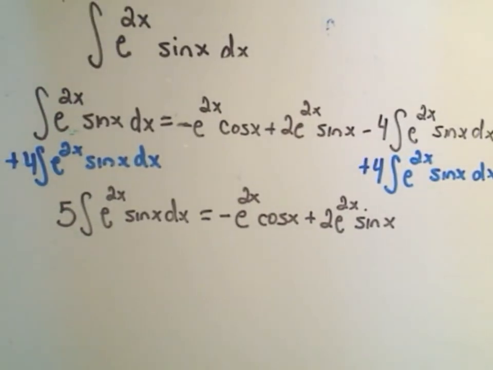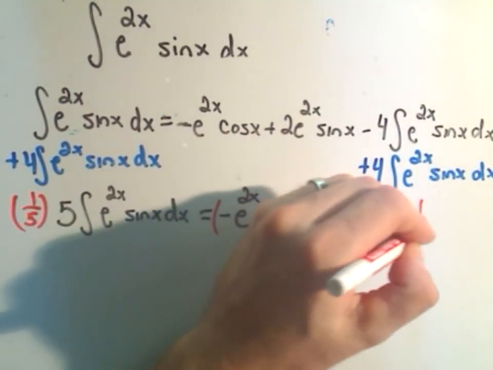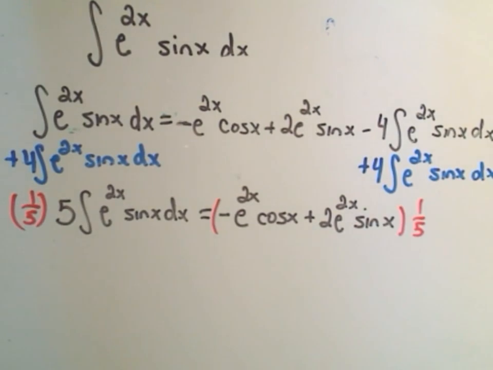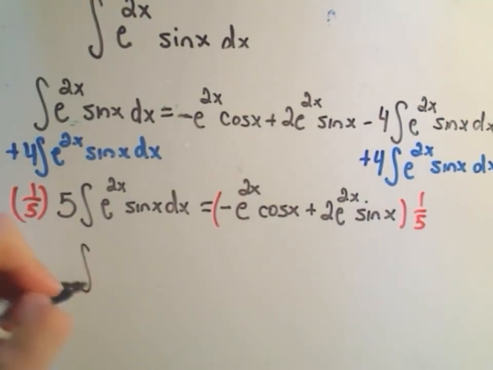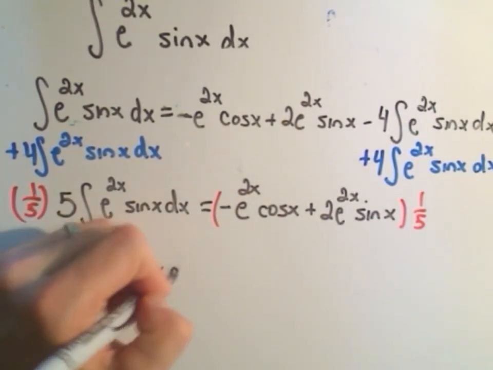Well, hey, we're there now. The only thing I have left to do is multiply both sides by 1/5. I multiply the left by 1/5, so I have to multiply the right side by 1/5 as well. Then on the left side, we'll simply be left with the integral of e to the 2x sine x dx.